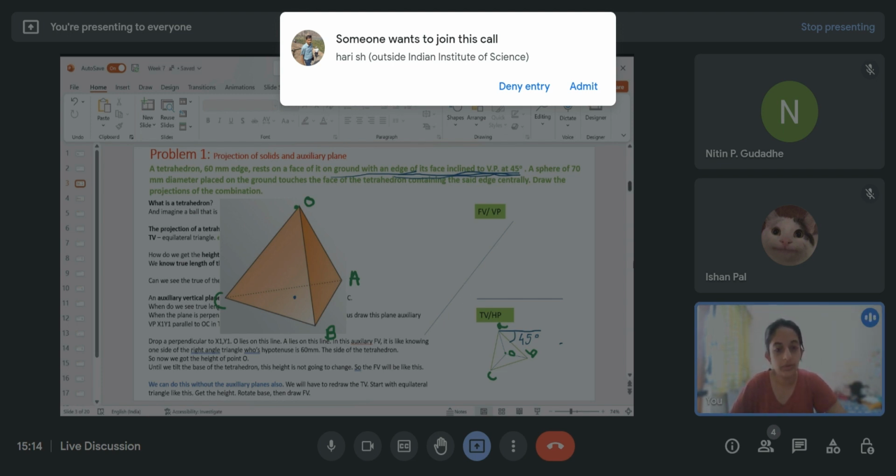I can actually move it still further because the next projection that we are going to draw will come exactly above this.